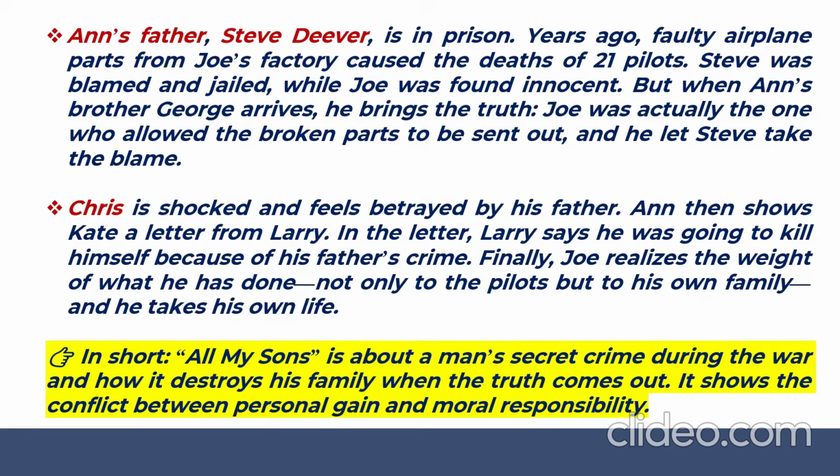He shoots himself. So, in short, the play All My Sons by Arthur Miller is about a man's secret crime during the war and how it destroys his family when the truth comes out. It shows a conflict between personal gain and moral responsibility.